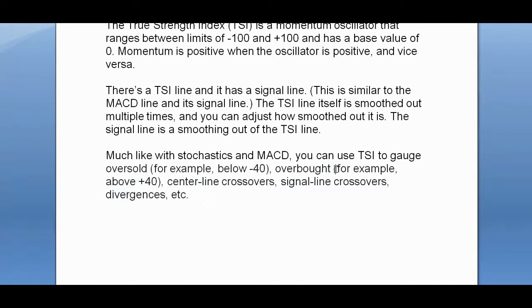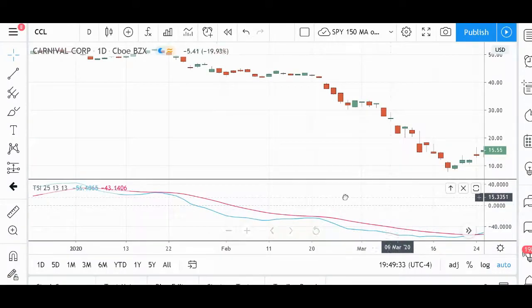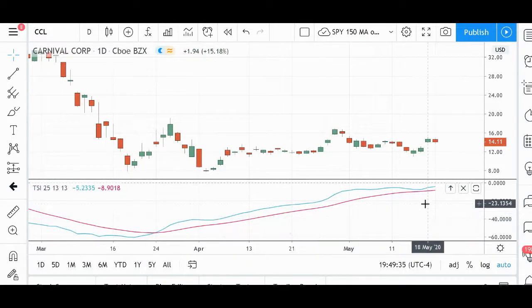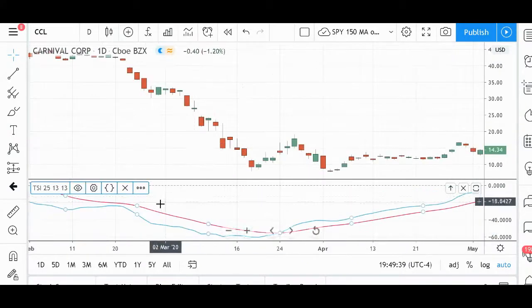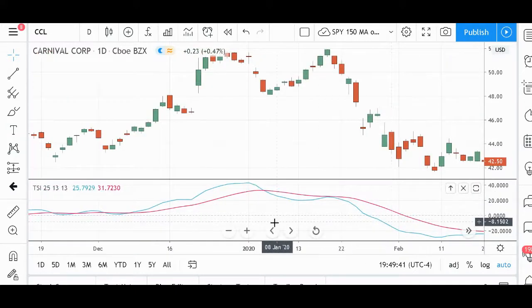Or overbought, like expensive. So maybe you wait until it goes above positive 40. It's still negative here, so it hasn't happened here. Let me try to find an example of it going above positive 40. Here it is. Interesting.